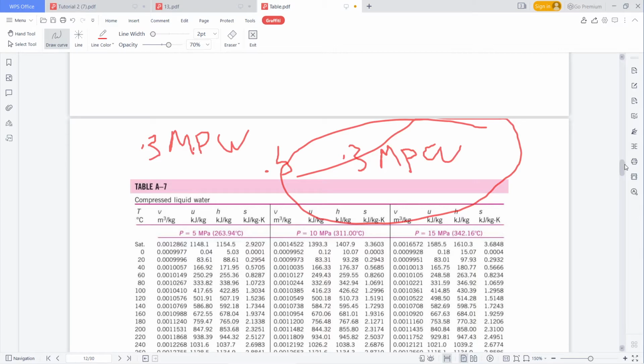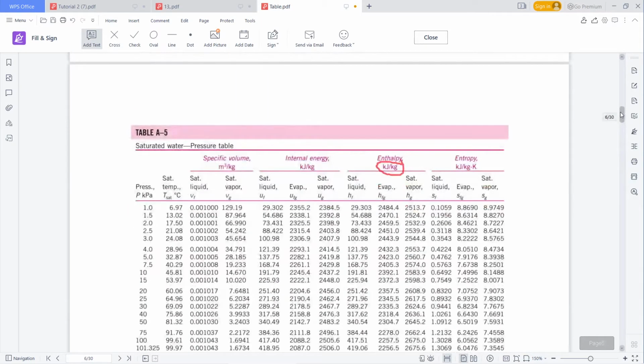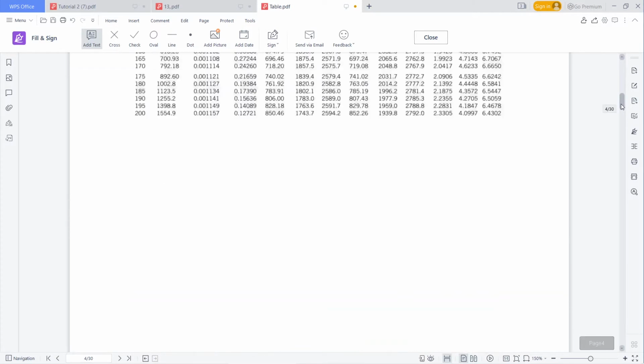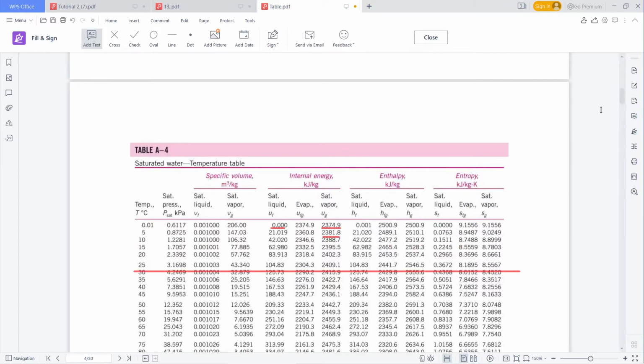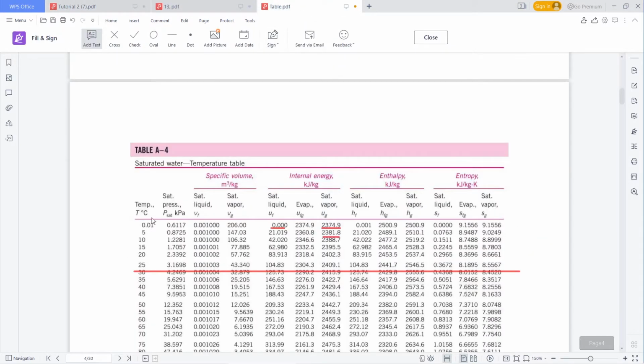Now, we don't need to be freaked out. We can define the value by referring to the saturated water temperature table. Why so? It is because this table has approximately the same specification of water as compressed liquid. So with 25 degrees C, we can define the value of enthalpy at the initial condition.